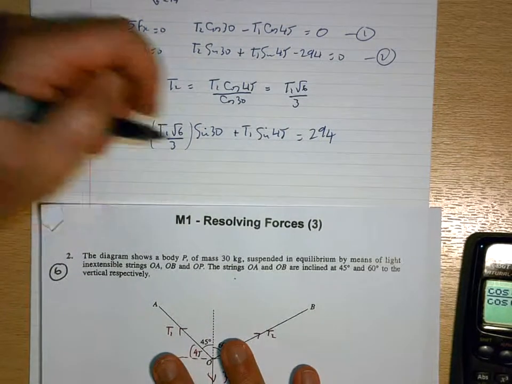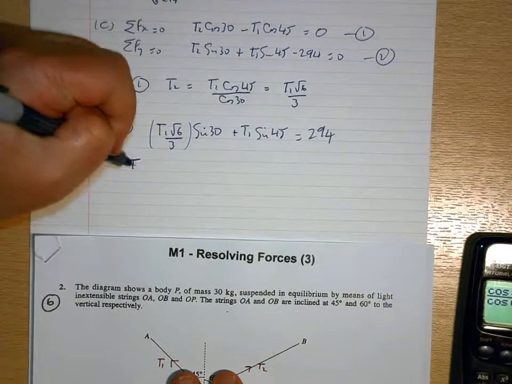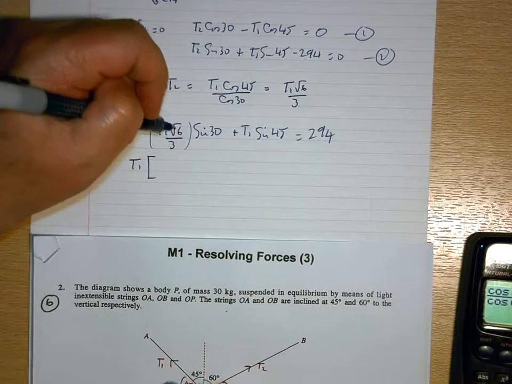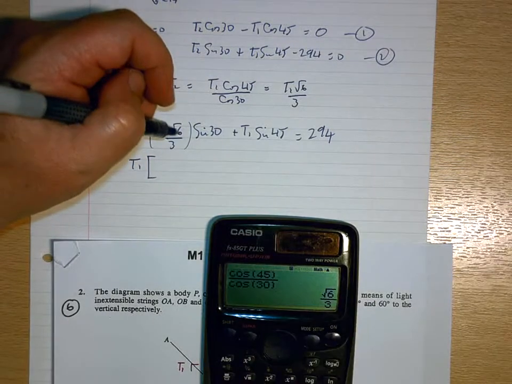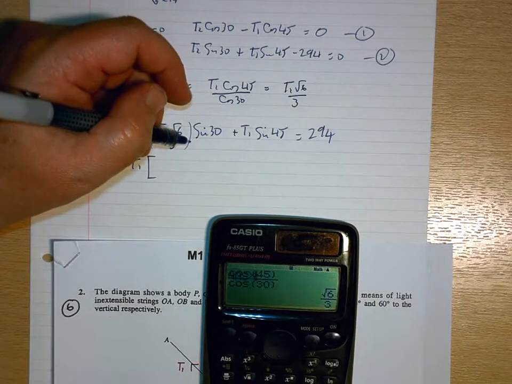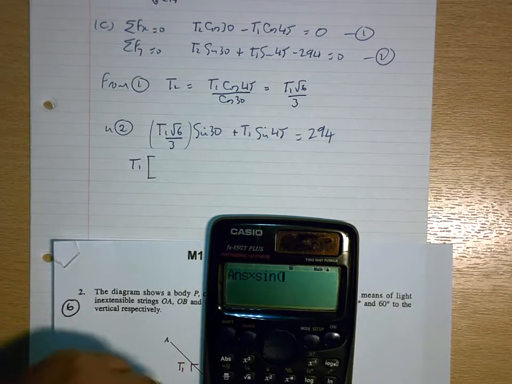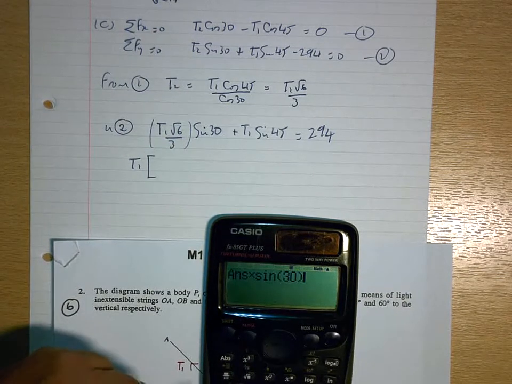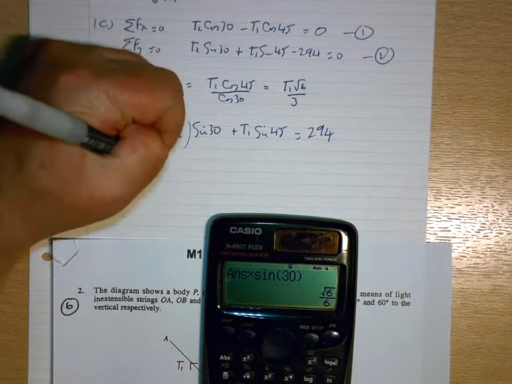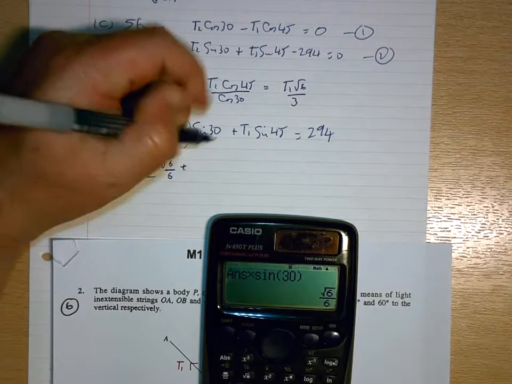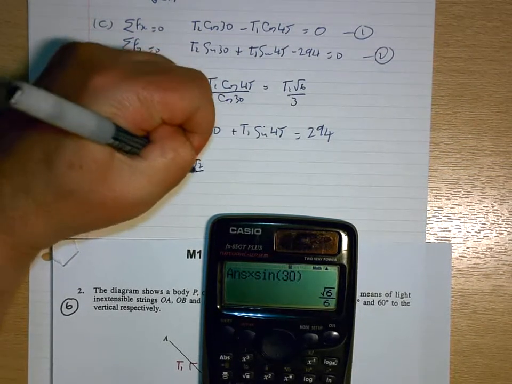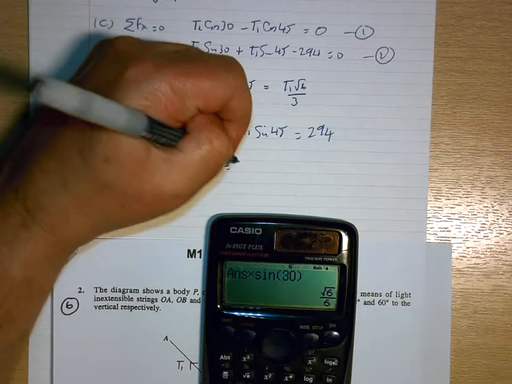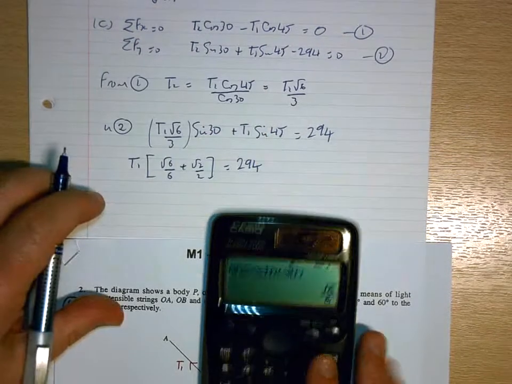I can take the T1 out of that as a common factor, and I can simplify what we've got there. So root 6 over 3 times sine 30 was root 6 over 6 plus sine 45, which is root 2 over 2, equals 294.